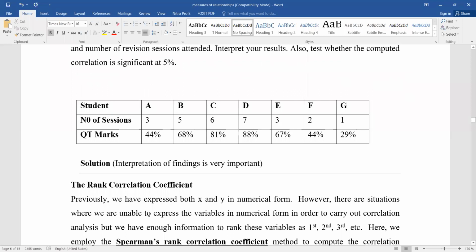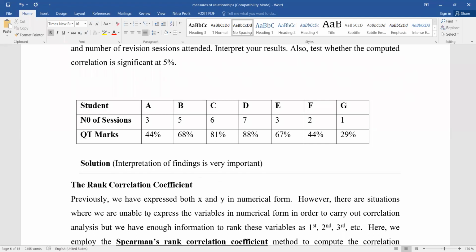Previously, we expressed both X and Y in numerical form. However, there are situations where we are unable to express the variables in numerical form in order to carry out correlation analysis, but we have enough information to rank these variables from first to third. So sometimes we cannot measure, we only have to rank.